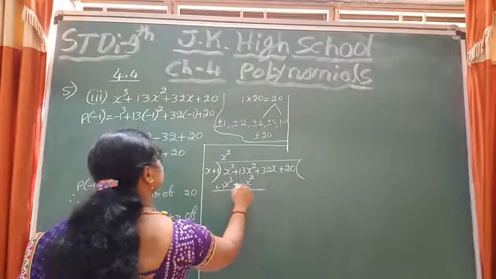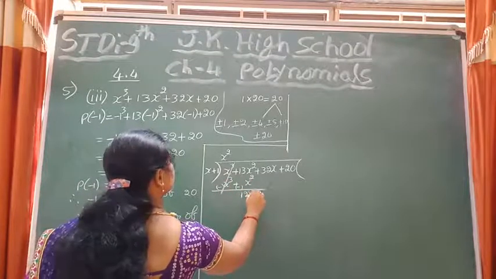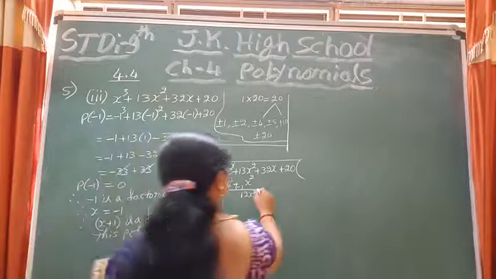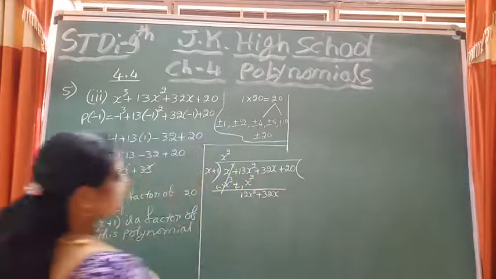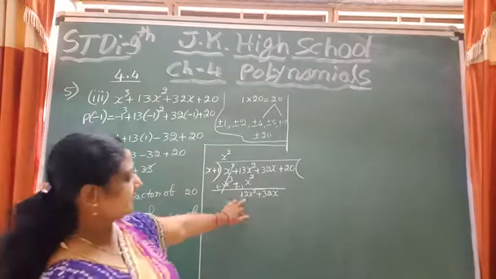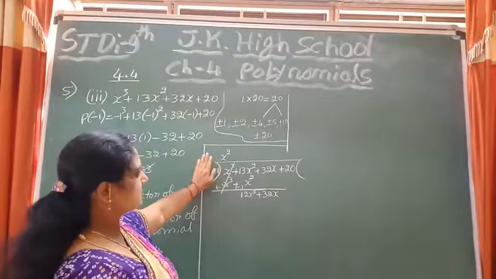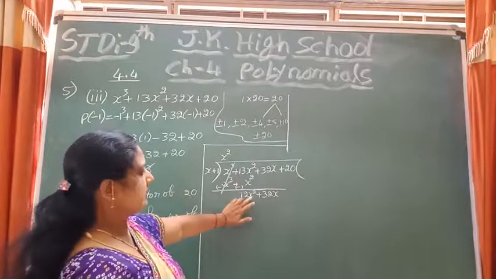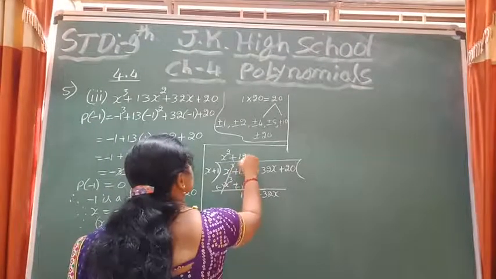Change the sign. 13 minus 1 is 12x square plus 32x. Now first term of this, 12x square, divide by first term of this, x. Dividing by x, 1x gets cancelled, the remaining stays as it is. So plus 12x is the quotient.